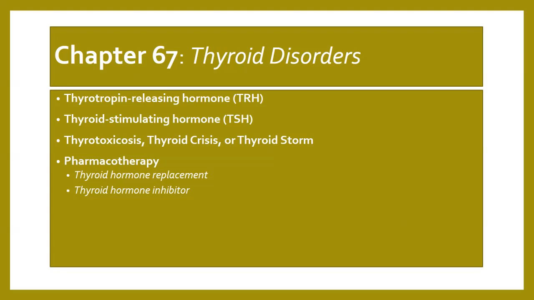It also increases the actions of anticoagulants, which increases your risk of bleeding. Any drugs that contain iodine can antagonize the effectiveness of this drug. If you take too much of this drug, you can induce hypothyroidism.